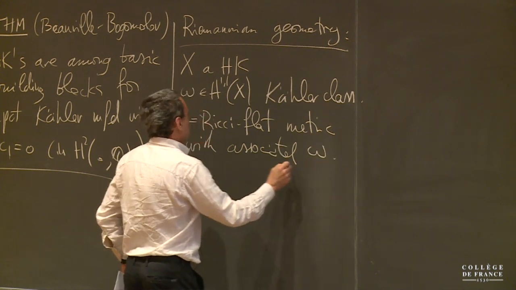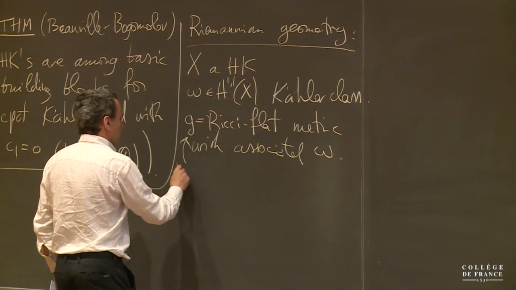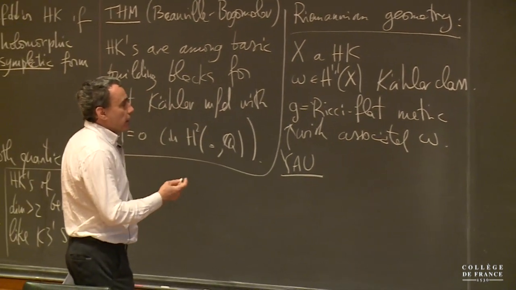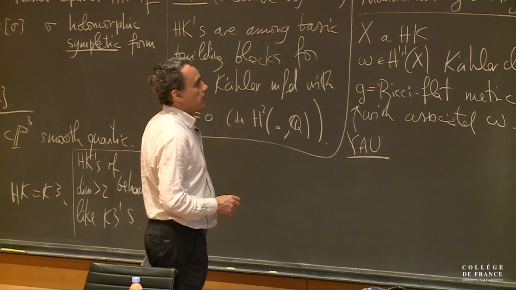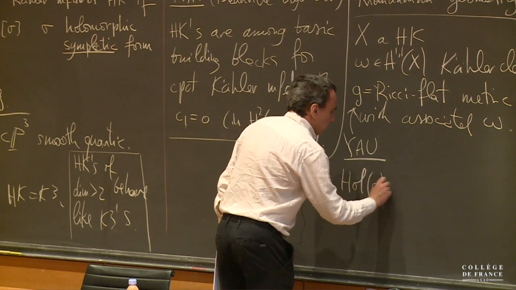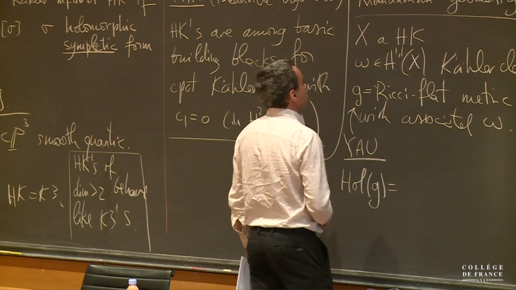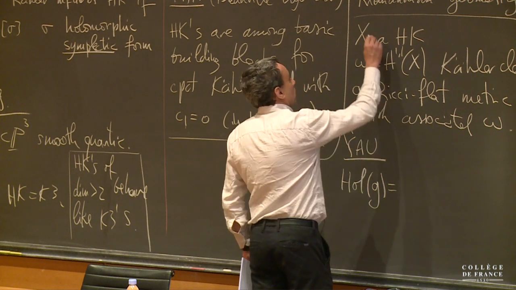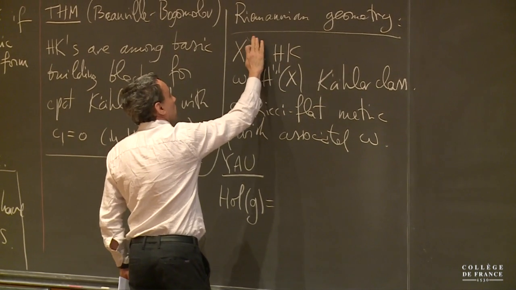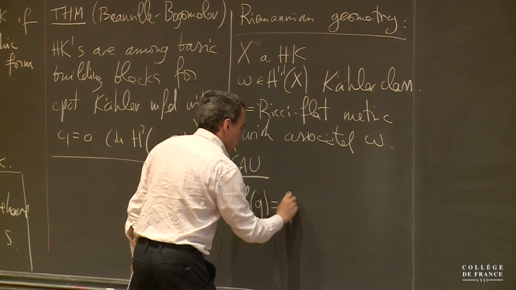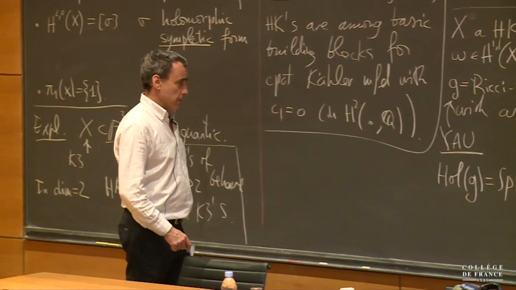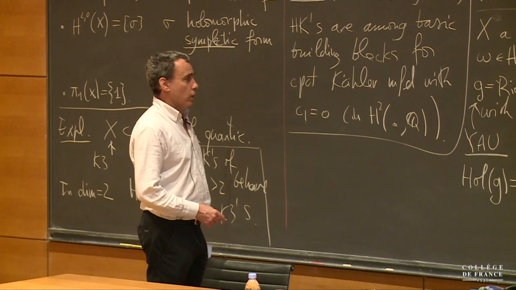And then the holonomy of this Riemannian metric is equal to the compact symplectic group.